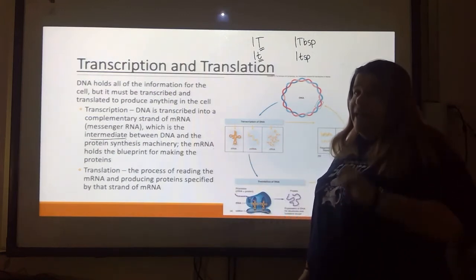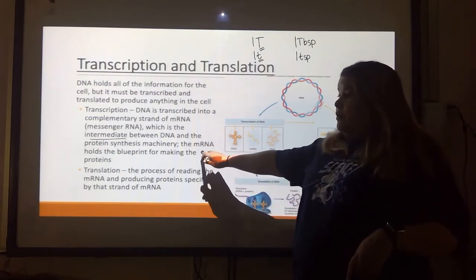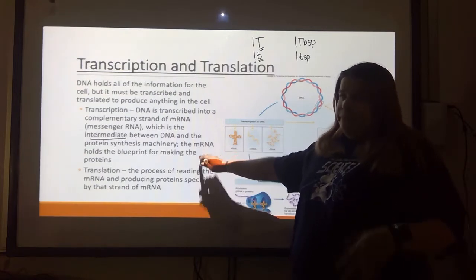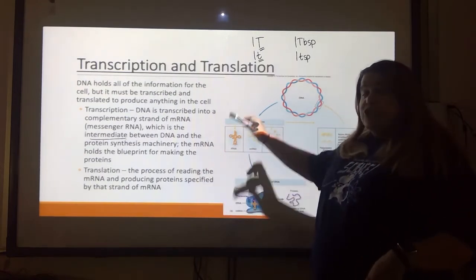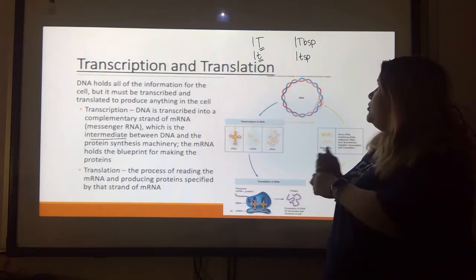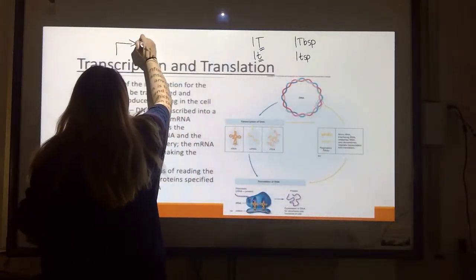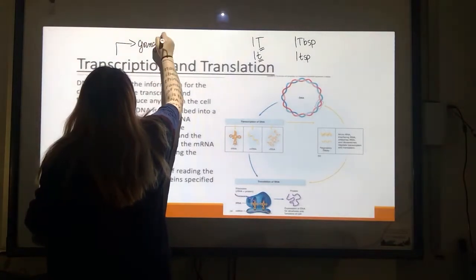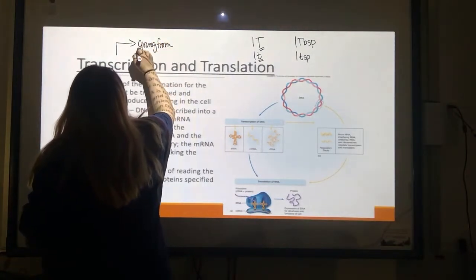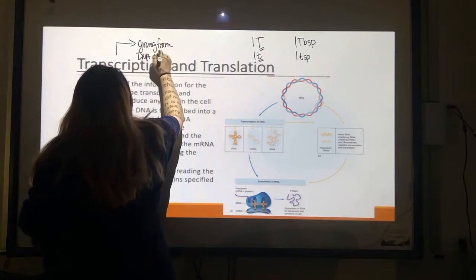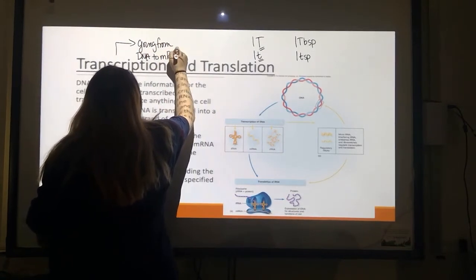That piece of mRNA is the instruction manual for how to make a protein. All right, so that's transcription, going from DNA to RNA. Transcription, going from DNA to messenger RNA.